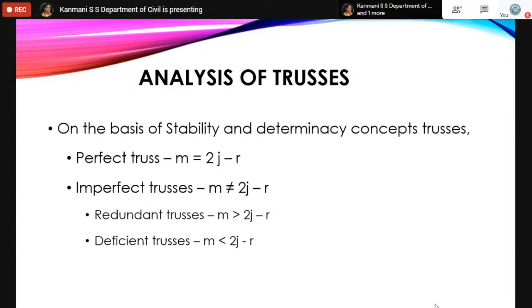Moving on to imperfect truss, this is one where the number of members, nothing but unknown members in the truss, is not equal to the available equations of equilibrium, that is 2j minus r. If so, we have two cases.